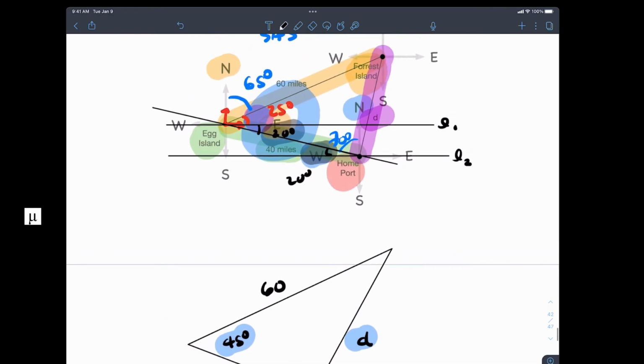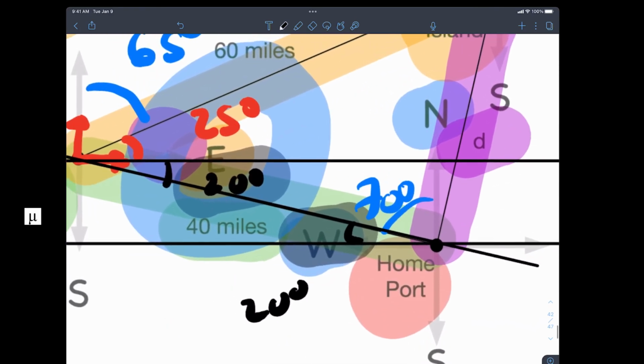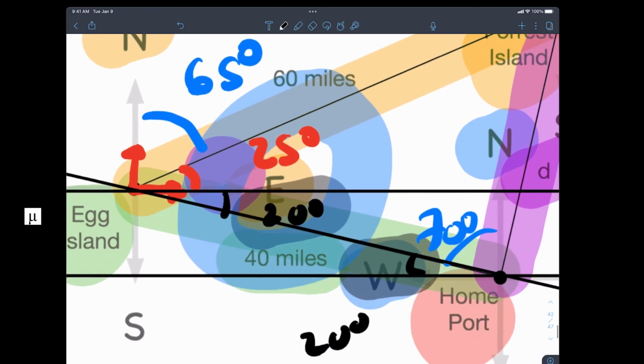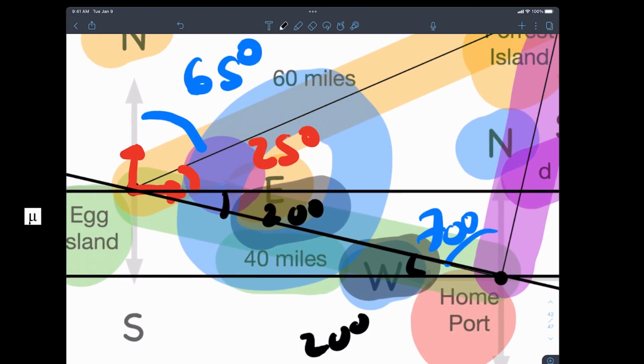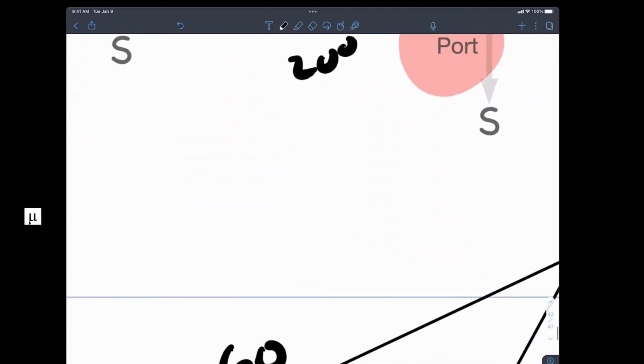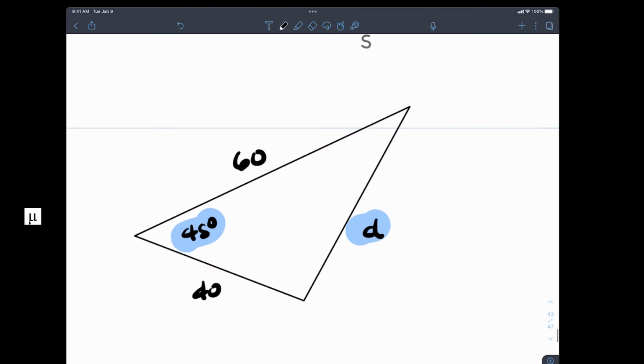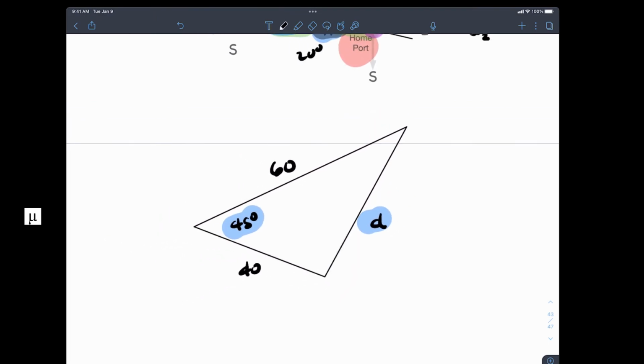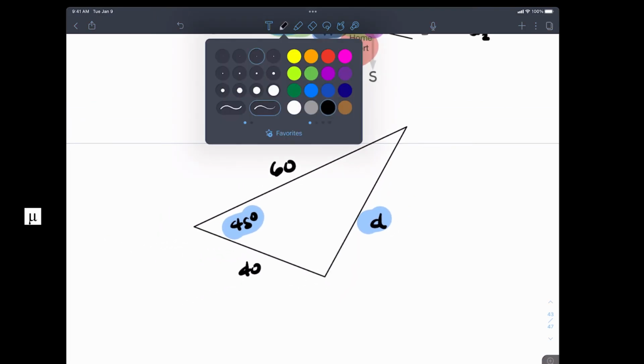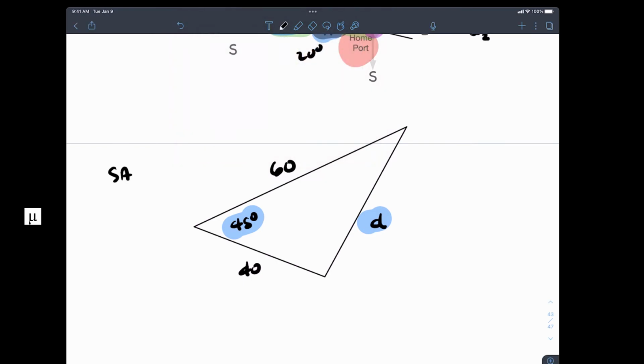Sorry. But I want you guys to notice, yes, we had to use 2 things here: complementary angles and a transversal to get the 45 degrees, because 25 and 20 is 45. And guess what, ladies and gentlemen? We are in that law of cosines mode because this is, again, what? Side angle side.